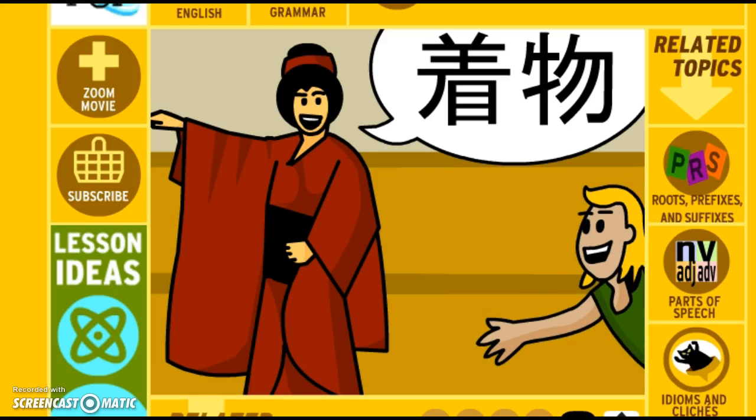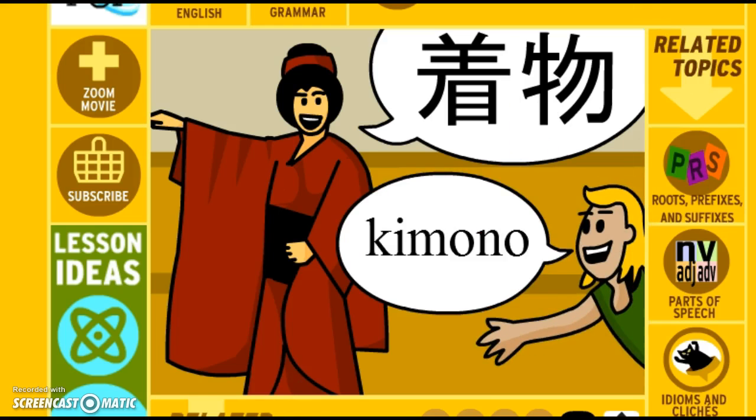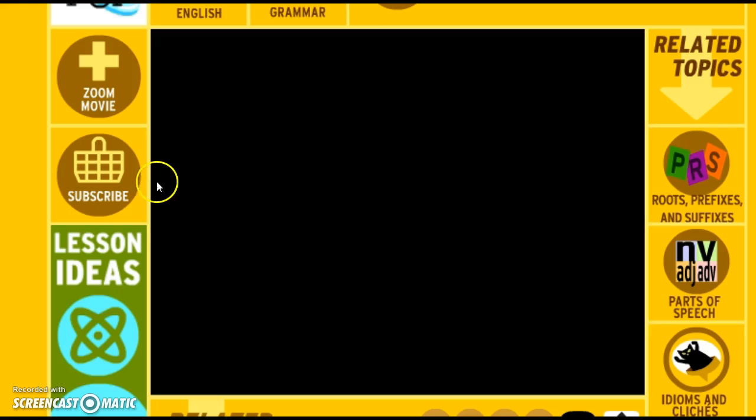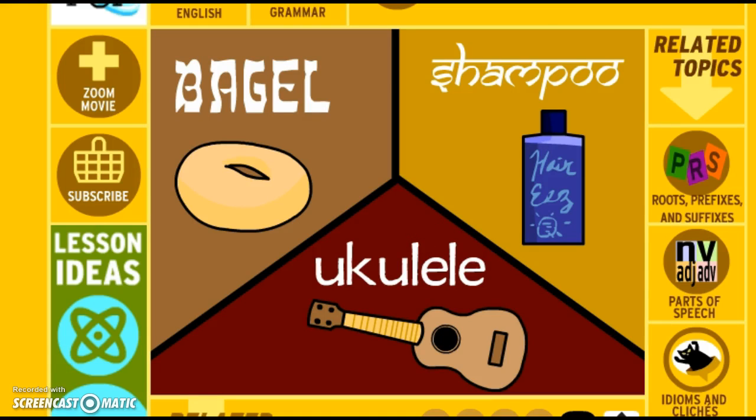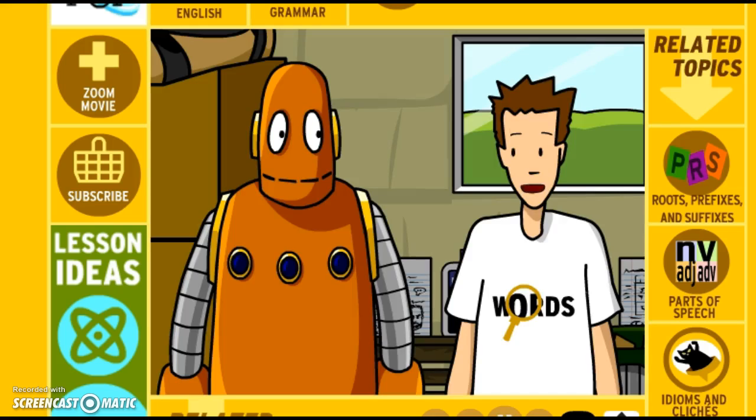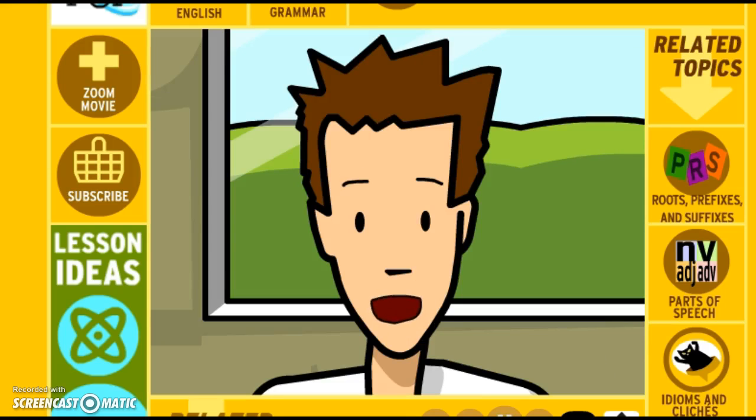English-speaking people heard it and took the word for themselves. There are plenty of other words like this: bagel from Yiddish, ukulele from Hawaiian, and shampoo from Hindi. Words like these are called loan words. Yeah, I don't know why they're called that. I mean, it's not like we're going to give them back. Words are also formed by combining older words together.